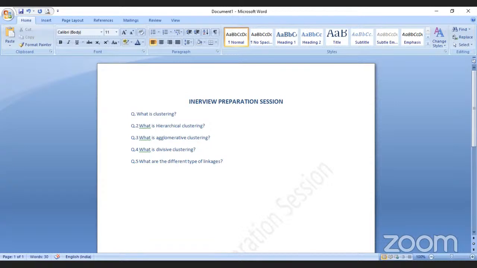We have four types of linkages. One is single linkage, the second is complete linkage, then we have average linkage, and the last one is centroid linkage.